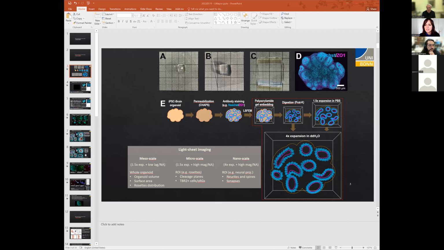We have an instrument in our lab now from Miltenyi, the Blaze, that we use for more traditional samples. It's a workhorse, so to say. It's not as sensitive and doesn't have such a high resolution as our home built instrument, but that's also valid and works very nicely, I would say. But the other ones we don't know.